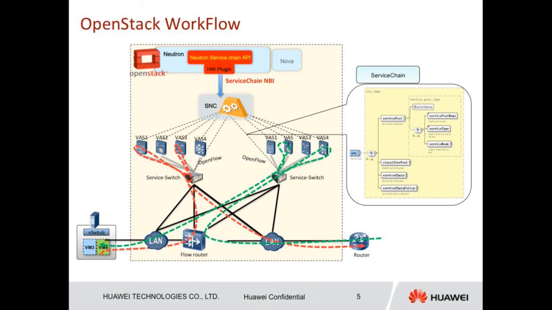If Neutron itself acts as a service chain controller, we would use OVS, Open vSwitch, as the service function forwarder, and on top of Open vSwitch, OpenStack would calculate and install the requested flow table on the OVS. OVS will act as a service chain classifier, which will classify different flows according to user request and steer the flow into different value-added services using OpenFlow tables.